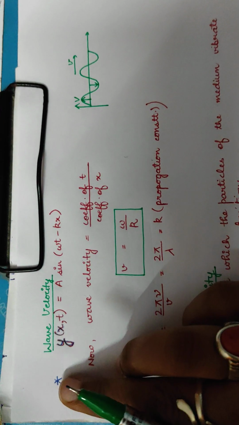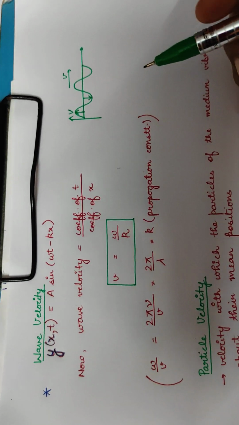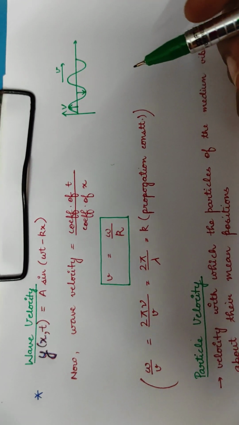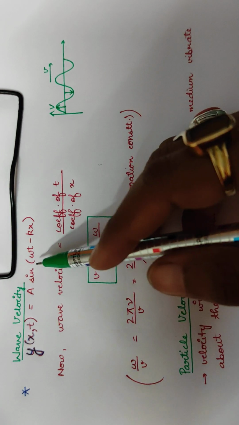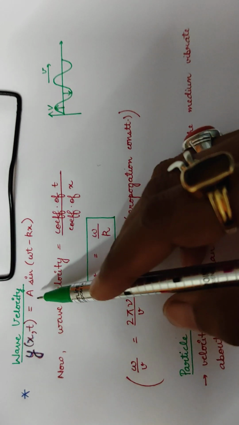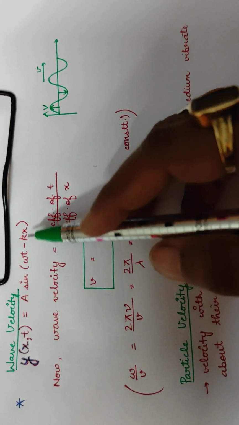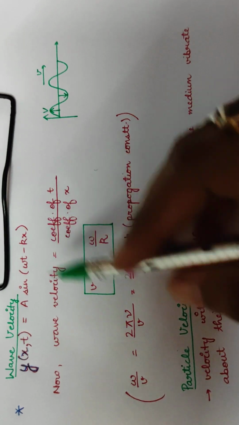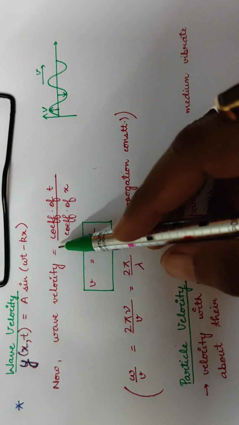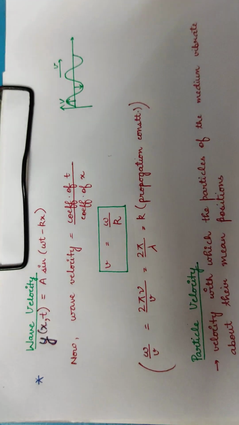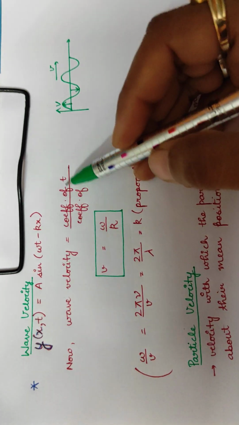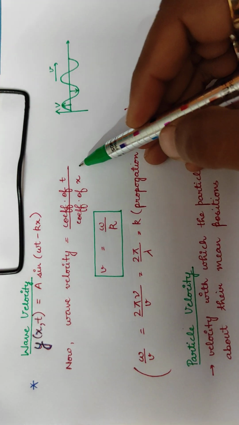Now let us first of all discuss wave velocity. You have found the displacement equation for a plane progressive harmonic wave, y equals a sine omega t minus kx. Now, wave velocity v is always defined as the coefficient of t upon the coefficient of x.